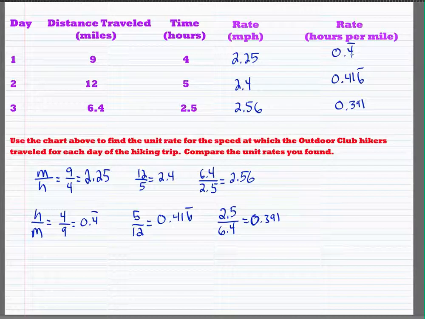Some people in class today realized that this 0.4 repeating was pretty close to 2/5. So it took them 2/5 of an hour, in other words, 2/5 of 60 minutes to walk 1 mile, and 2/5 of 60 is 24. I took my fraction of, which means to multiply, and then the number of minutes.